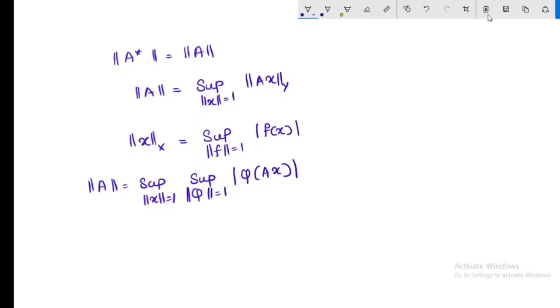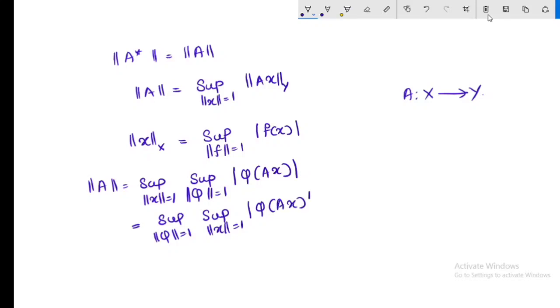Here A is a map from X to Y, therefore Ax belongs to Y. Therefore we take this norm in Y. And this is equal to supremum over norm of phi equal to 1, supremum over norm of x equal to 1, of modulus of phi of Ax. We can interchange the suprema.